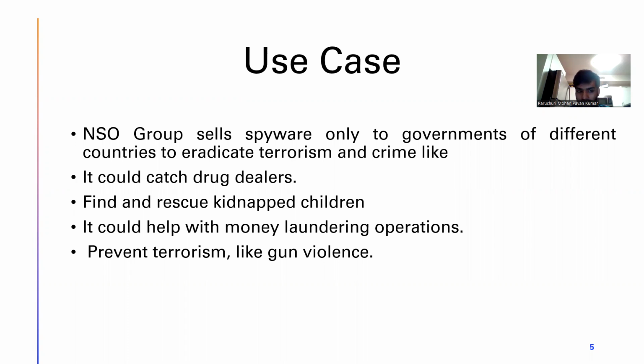If there is a drug dealer, they can listen to their calls, see the messages, and turn on the microphones and listen to what they're talking about, so that their plan is exposed to the owners. So it is very useful against terrorism and crime.